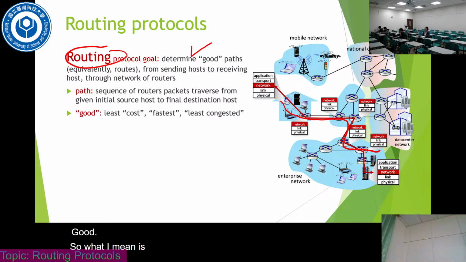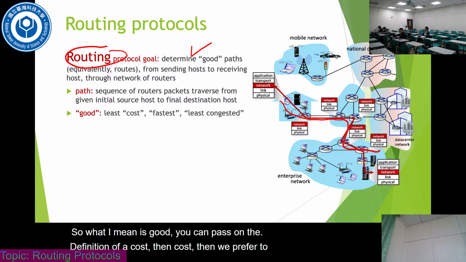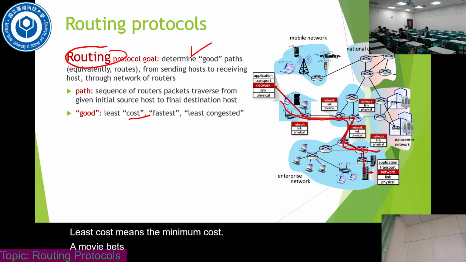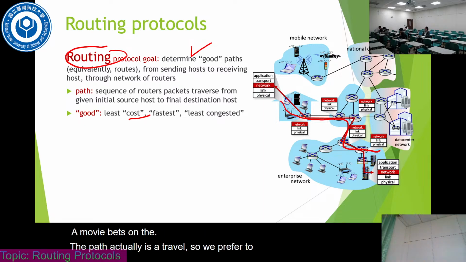You can base it on the definition of a cost. Then for cost, we prefer to have the least cost. Least cost means the minimum cost. Or maybe based on the path, it's about travel, so we prefer the shortest time required to travel.